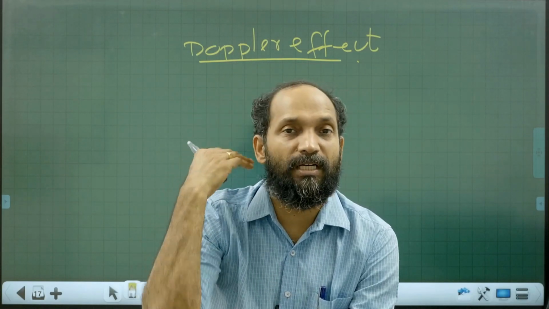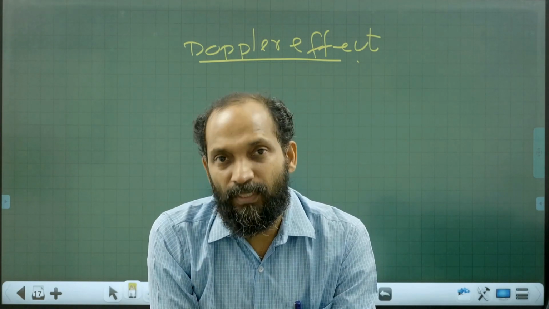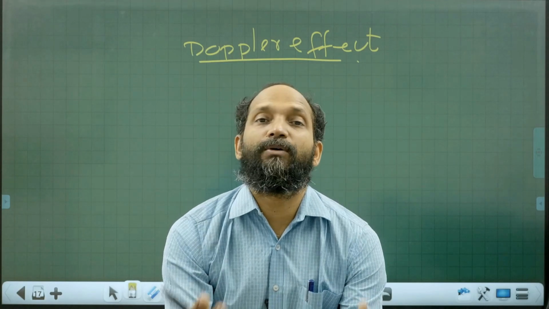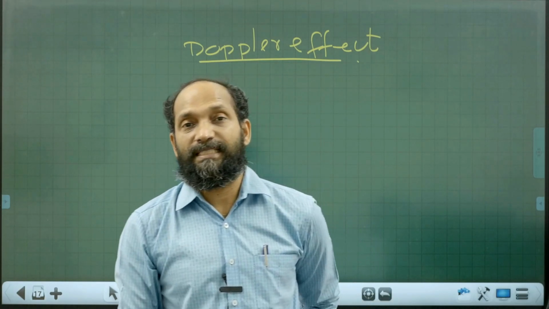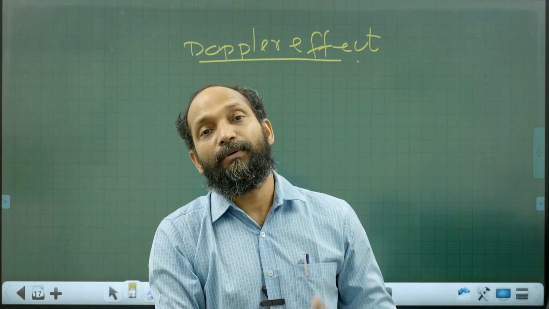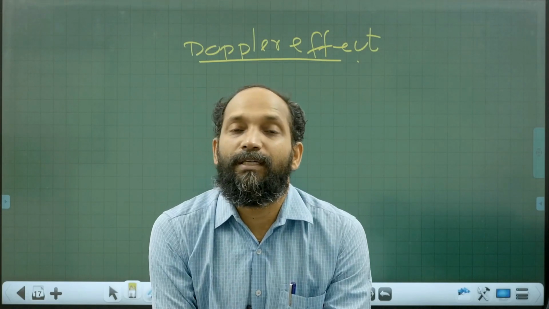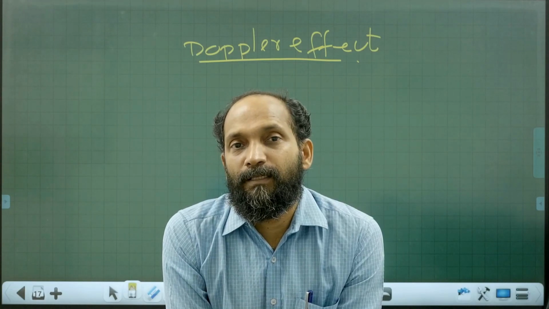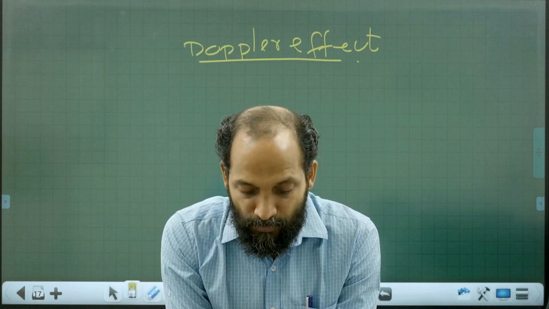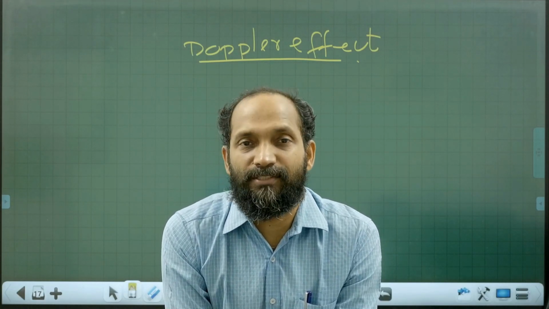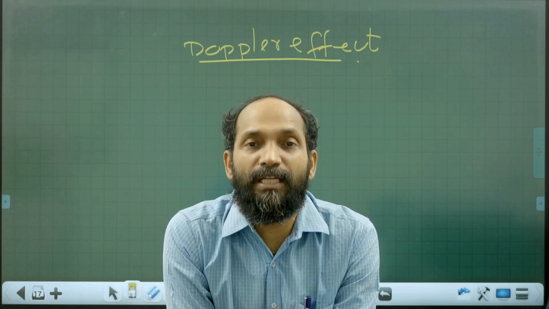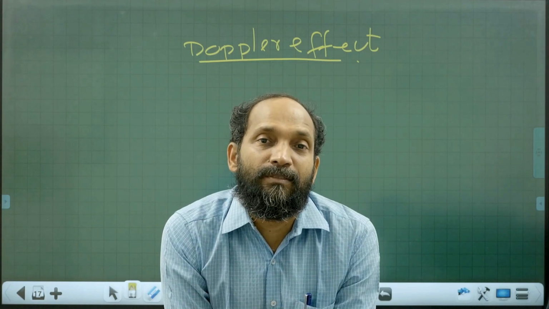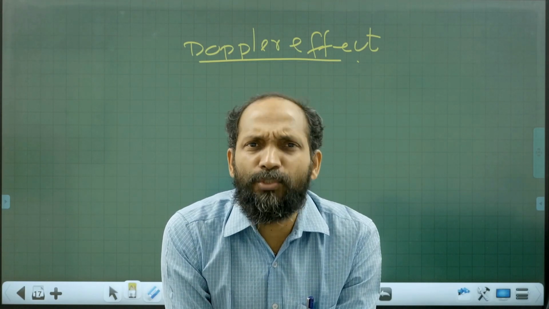That frequency may be more or less, and the heard frequency will be constant if the relative velocity is constant. But if the distance between source and listener does not change, that means there is no relative velocity between them, then there is no such effect.